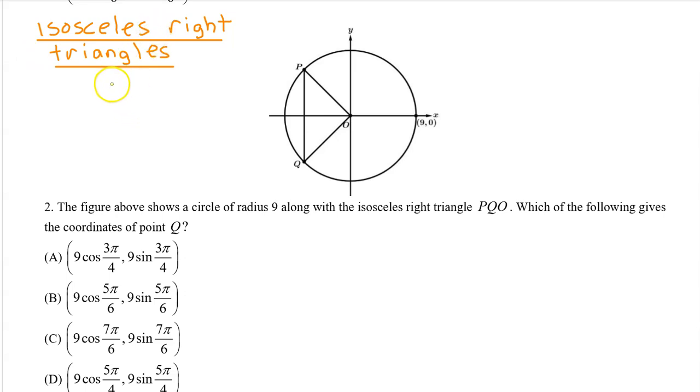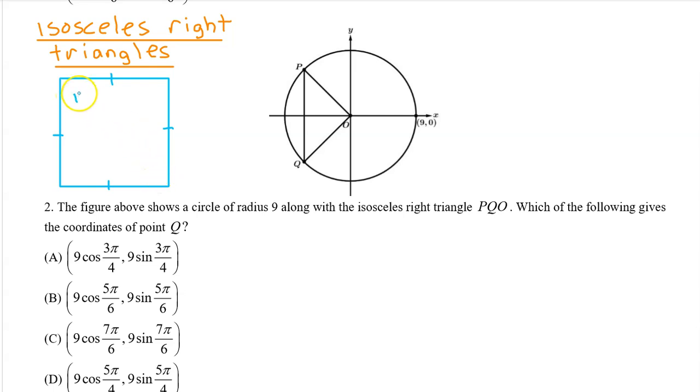Many problems in trigonometry involve isosceles right triangles. An isosceles triangle is a triangle that has two equal sides. So, an isosceles right triangle has two equal sides and a 90-degree angle. Here's a square. In geometry, we would have said that each one of these angles is 90 degrees.